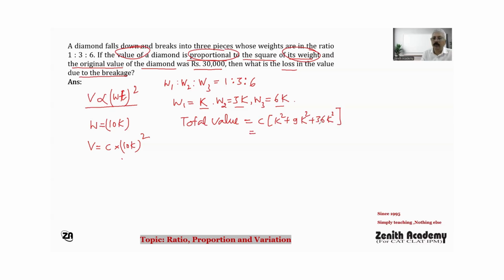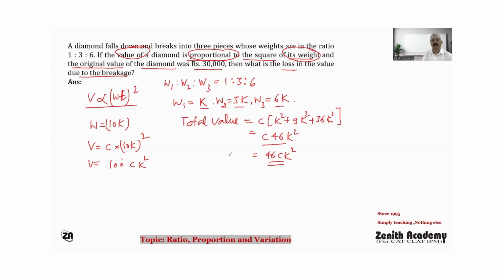This is equal to 46 C K square. So here it is 100 C K square, and here it is only 46 C K square.